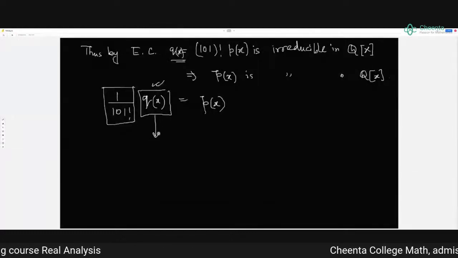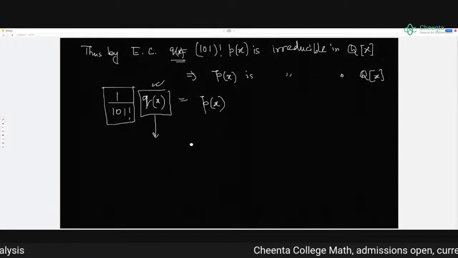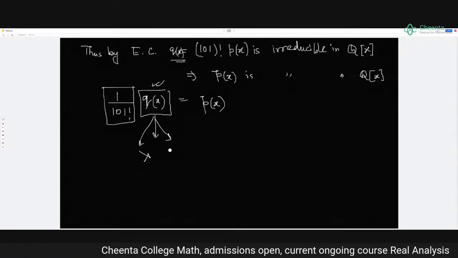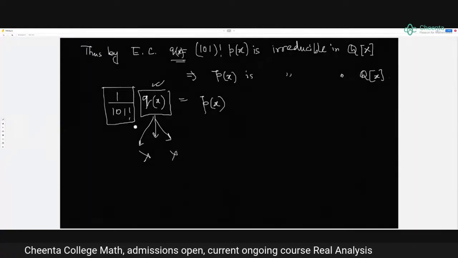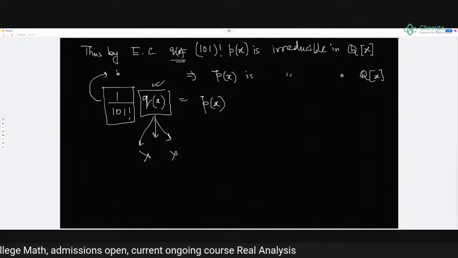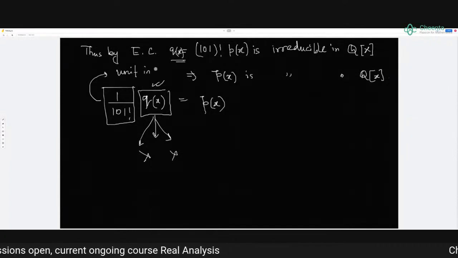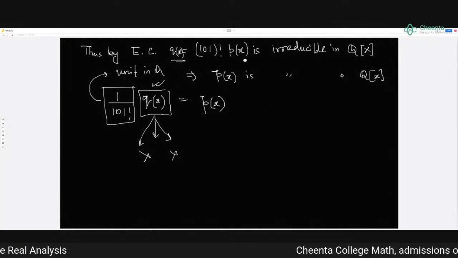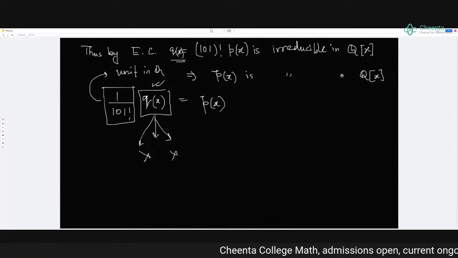Q(x) I have proved to be irreducible, so it does not factor any further, and 1 by 101 factorial is a unit in Q, that means it has a multiplicative inverse. Thus the entire polynomial is always irreducible.